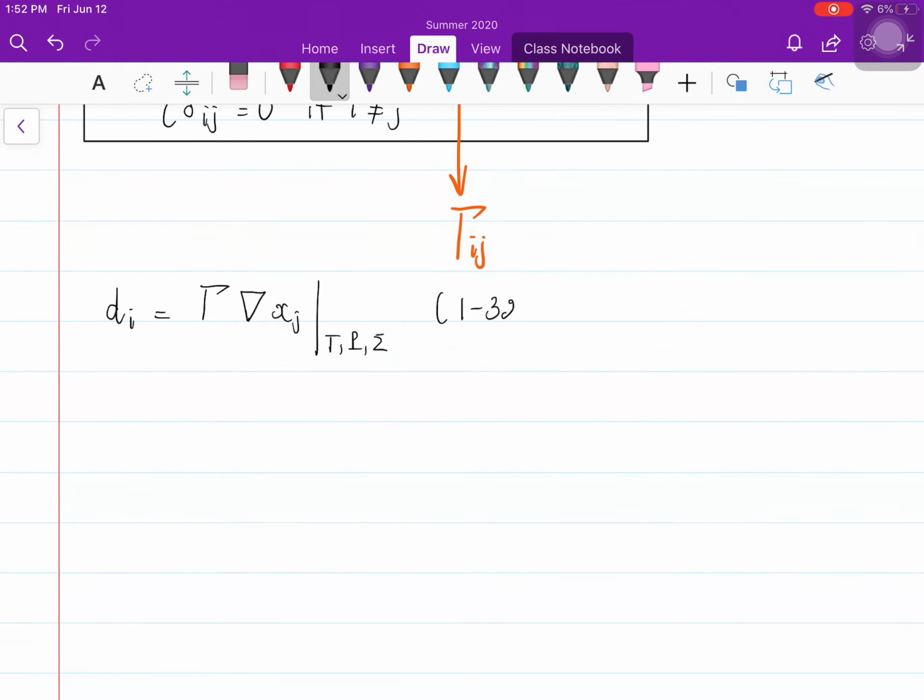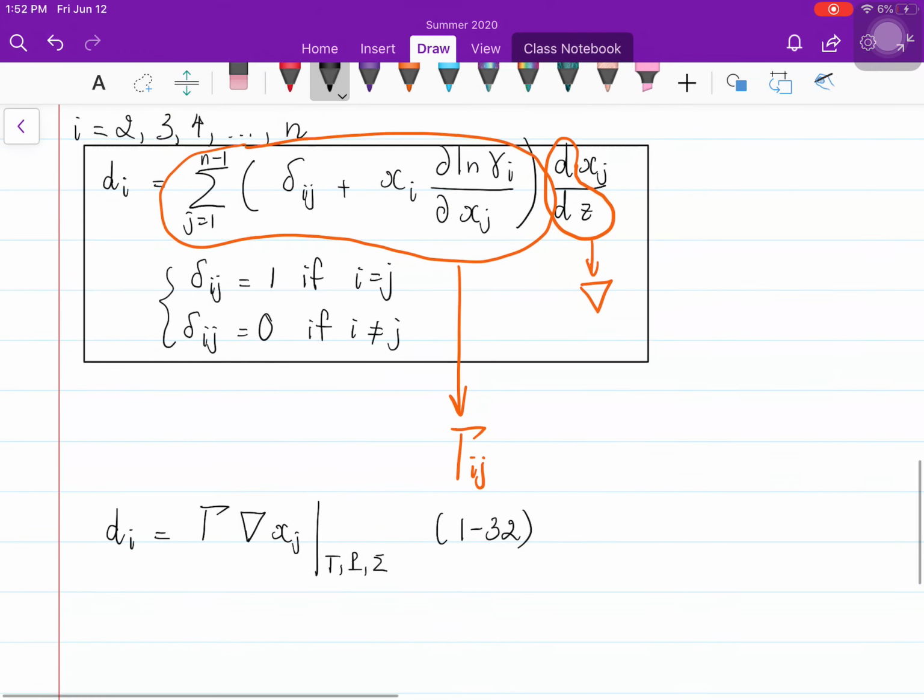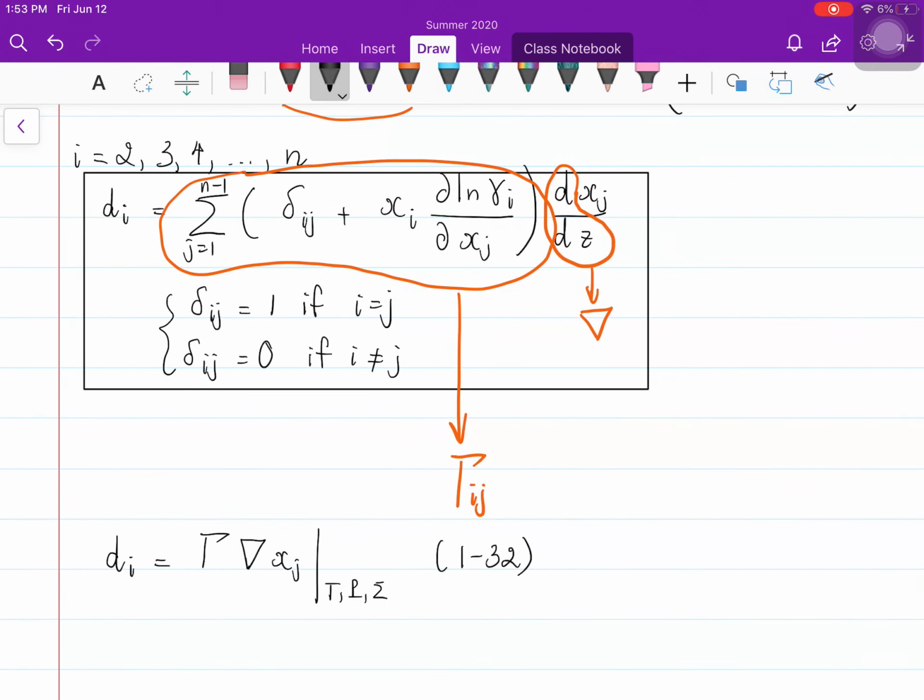So this is equation 1.32. So from equation 1.30, I have explained how I got the activity coefficient, how I got the thermodynamic factor matrix, and how it leads to equation 1.32.